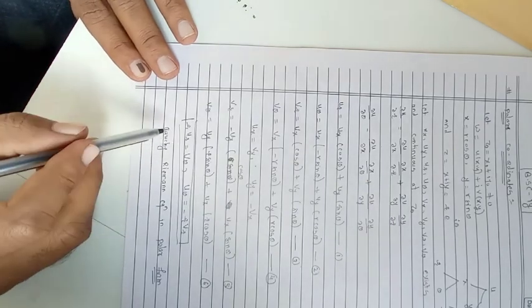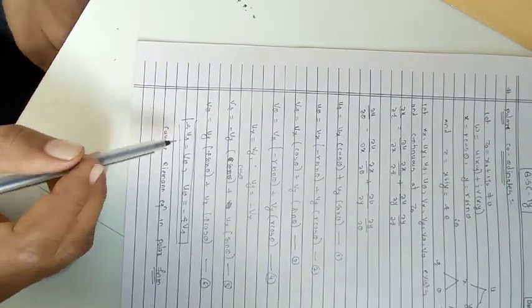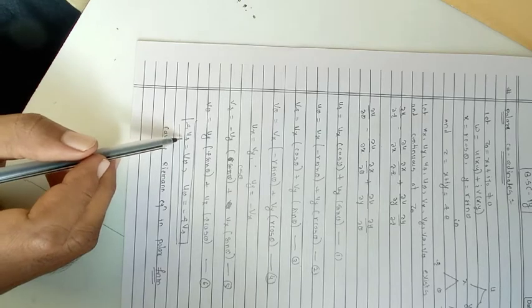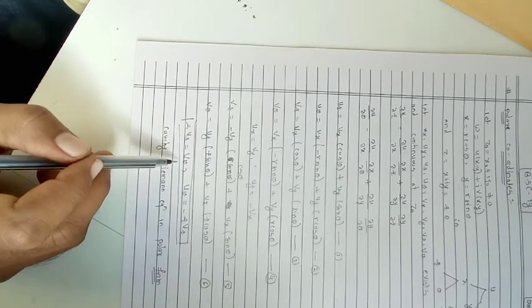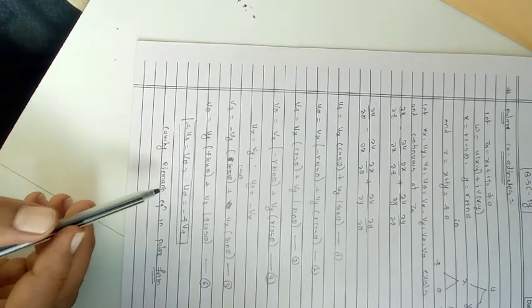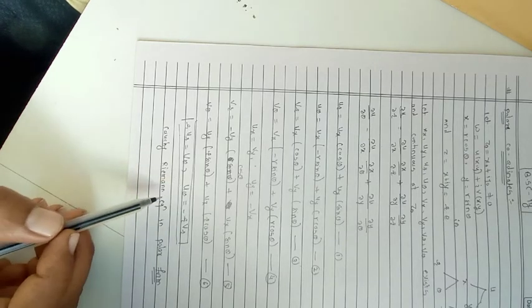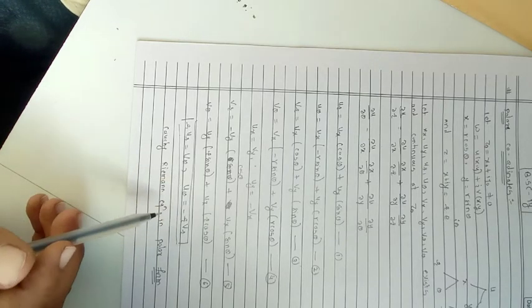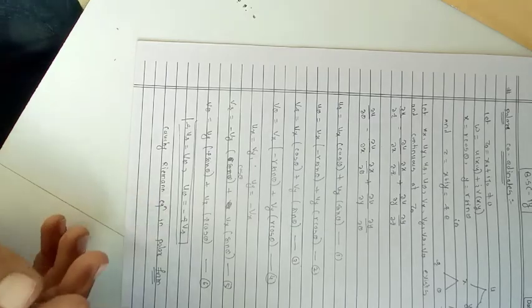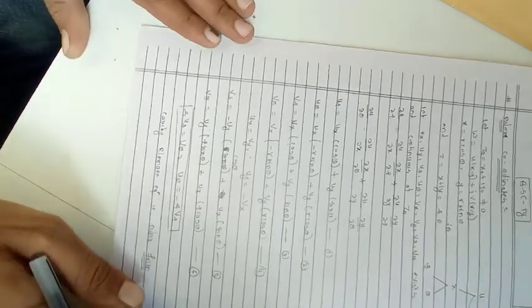So keep in mind this equation: r times the partial derivative of u with respect to r is equal to the partial derivative of v with respect to theta, and the partial derivative of u with respect to theta is equal to minus r times the partial derivative of v with respect to r.